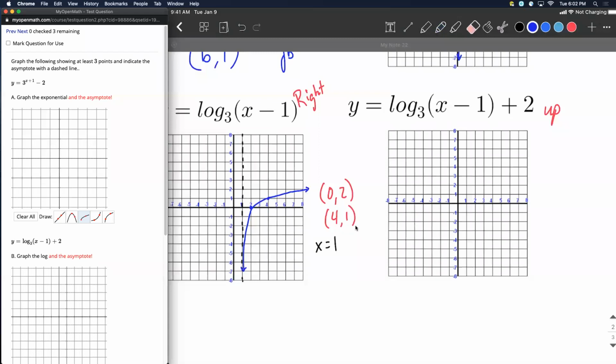Therefore, taking the point that was at 2, 0, it's going to move everything up 2 units, so that's going to be the ordered pair 2, 2. And then finally, we have that ordered pair at 4, 1. It gets picked up, moved up 2 units, so that's going to be at 4, 3.